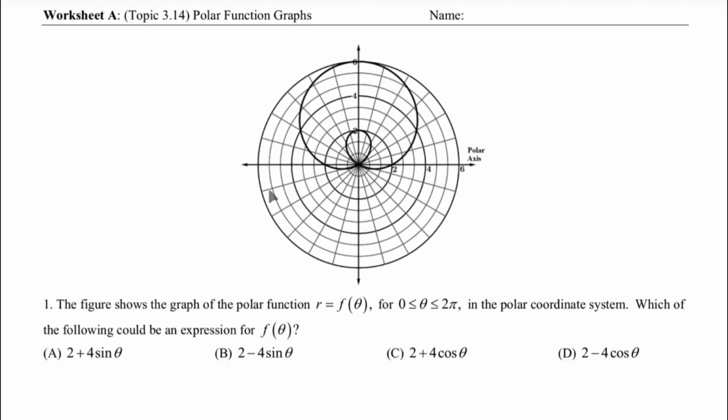What we can do, since we have our function in the graph, so we know some points here, we can plug them in to theta. So plugging in the angle we see into each of the equations. It's kind of like x and y on a rectangular graph, plugging in an x value to see if you get that y value.